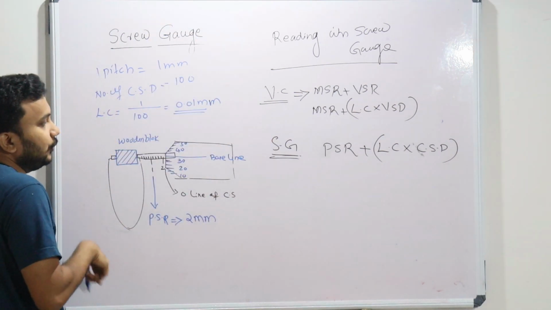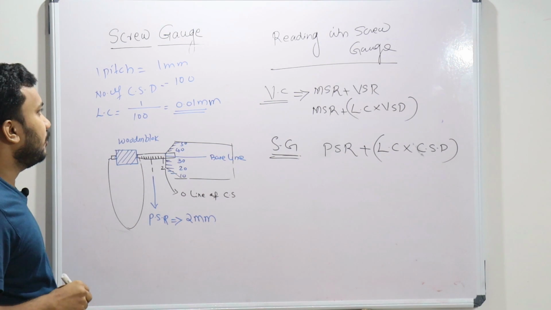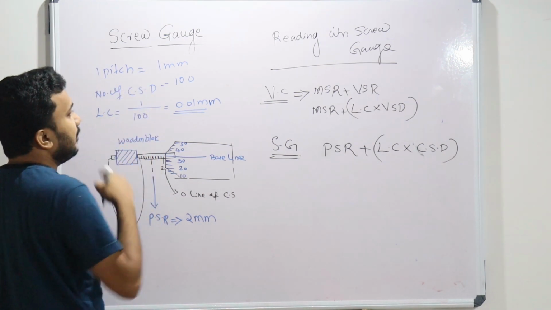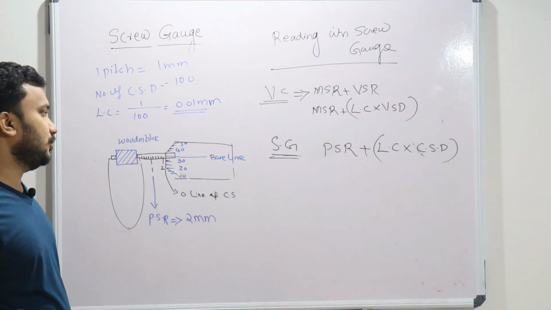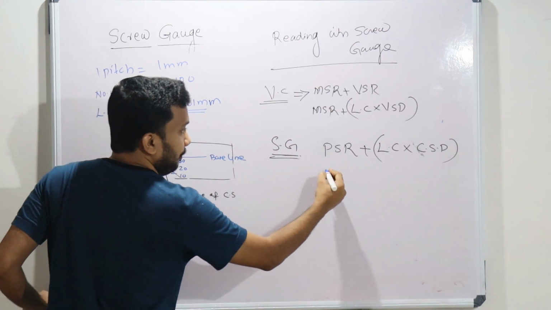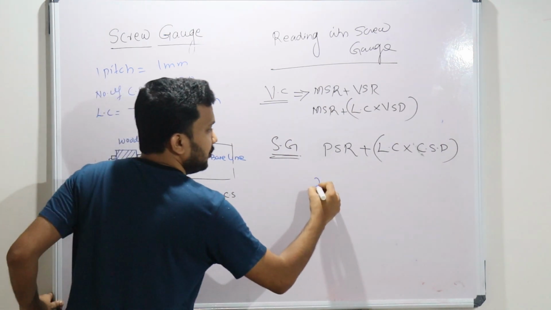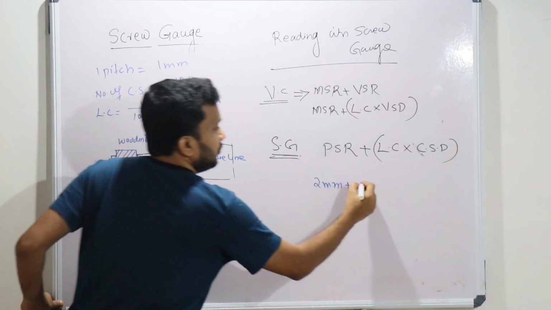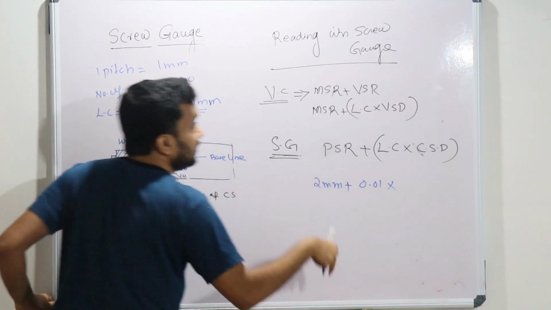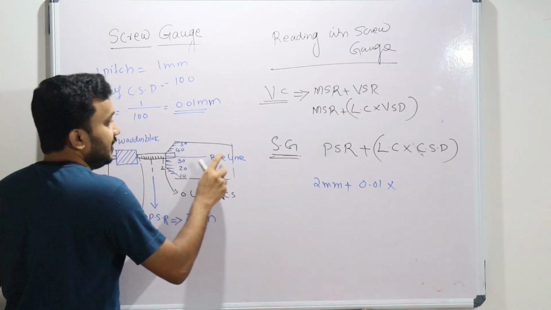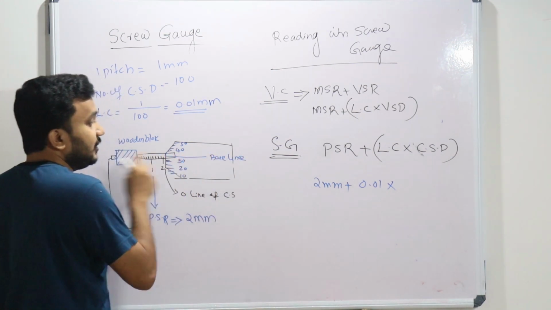Now I look into the least count, which I have already calculated. Least count equals pitch divided by number of scale divisions, which is 0.01. Now we have circular scale divisions. PSR we substitute here: 2 millimeter plus least count 0.01 into circular scale division. How many divisions? 10, 20, 30. So 30 is the one coinciding with the baseline.